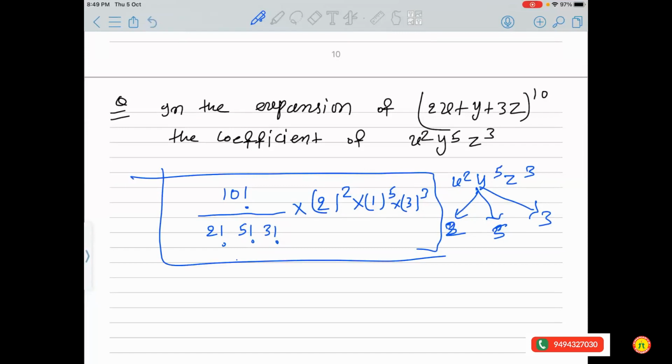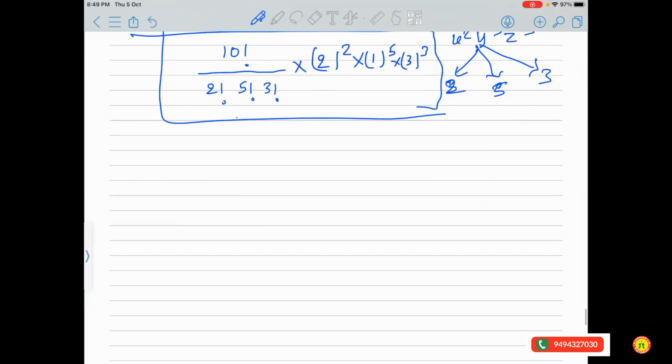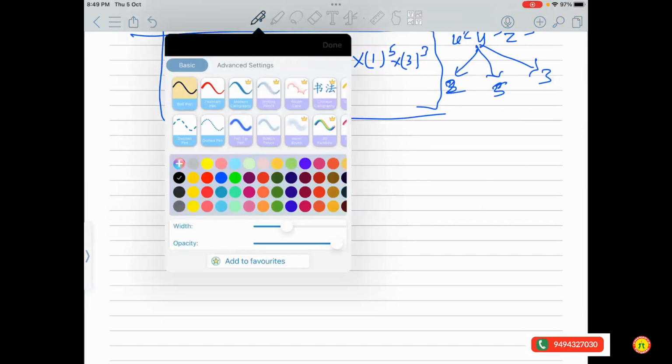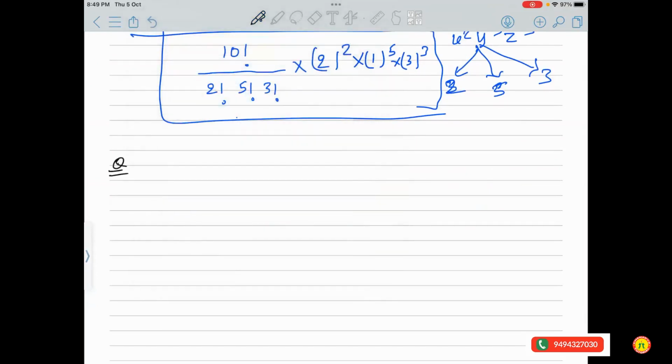Okay. So now I am discussing one last question from the multinomial theorem.